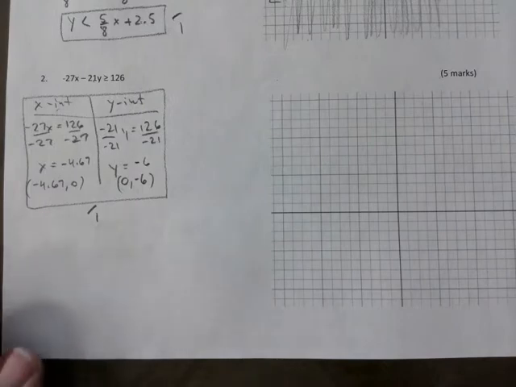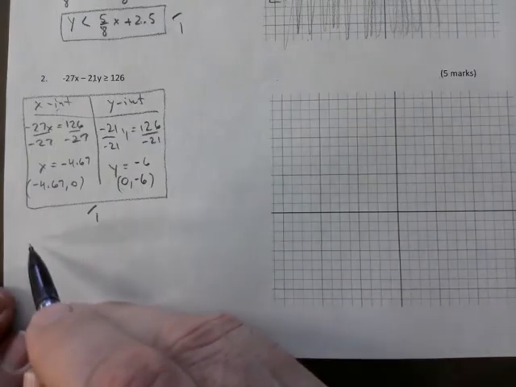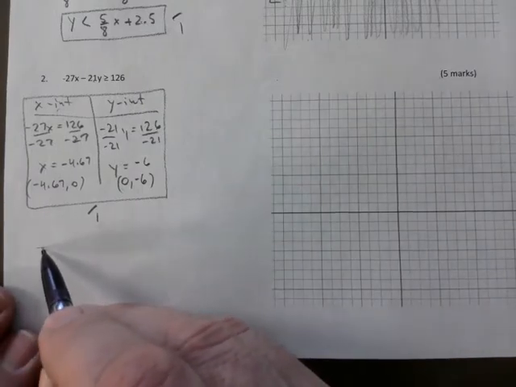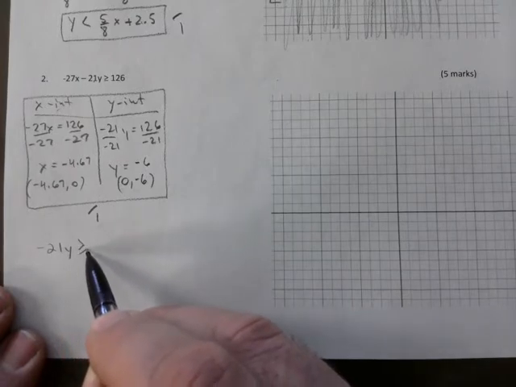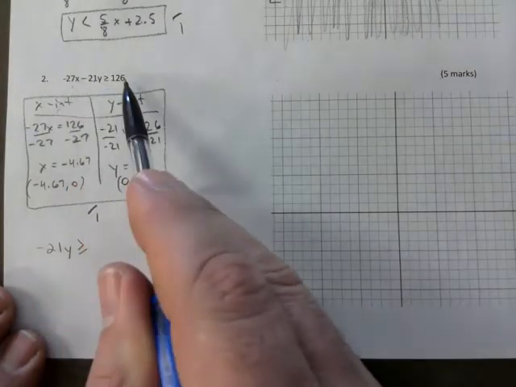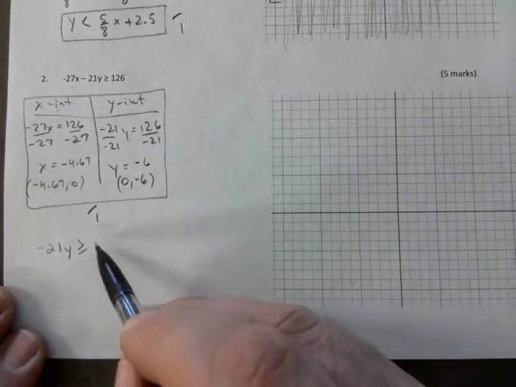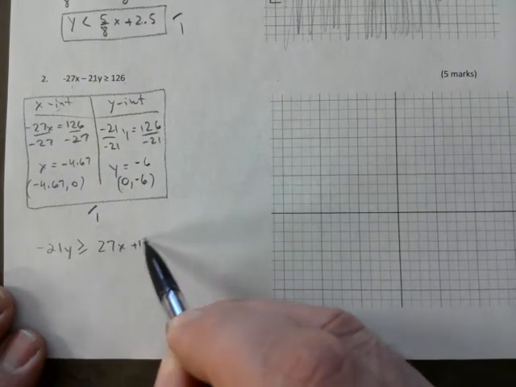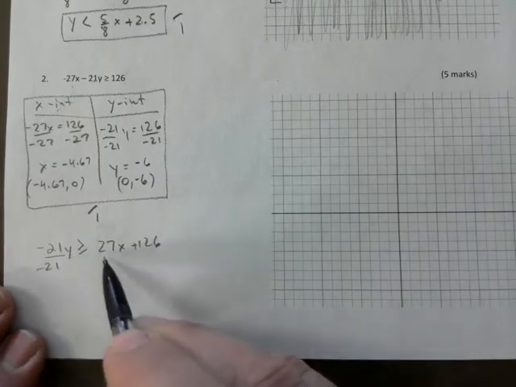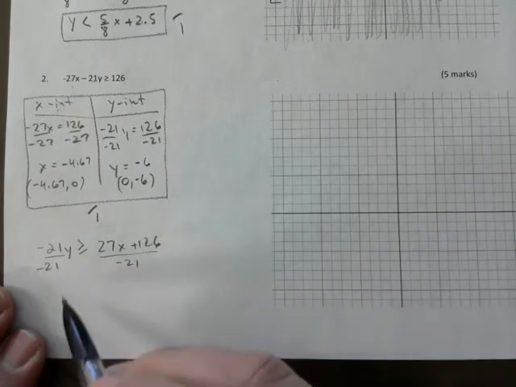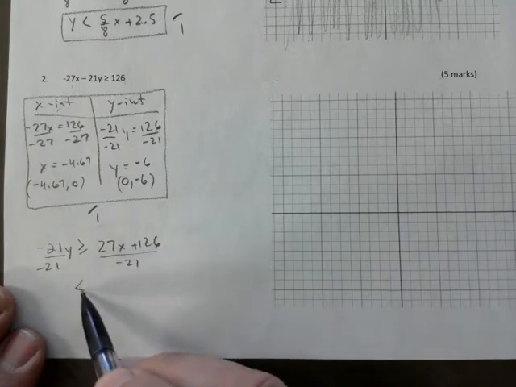Sign and all, right? And then for rewriting, I will just go negative 21y is greater than or equal to, and I'll bring the negative 27x over, adding, 27x plus 126. Uh-oh, right? Divided by negative 21. Not really uh-oh, I know what I'm supposed to do.